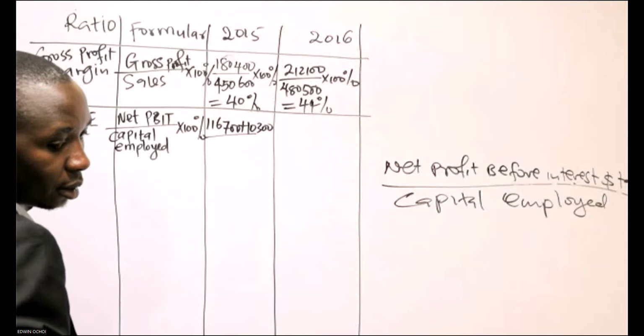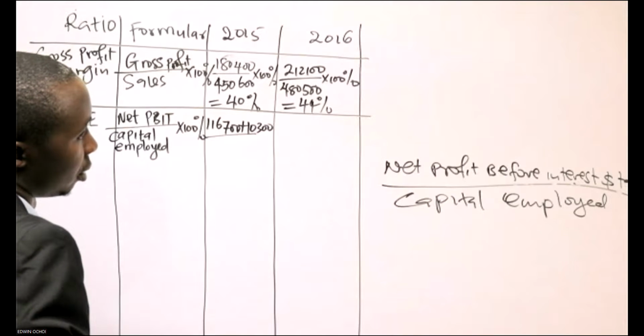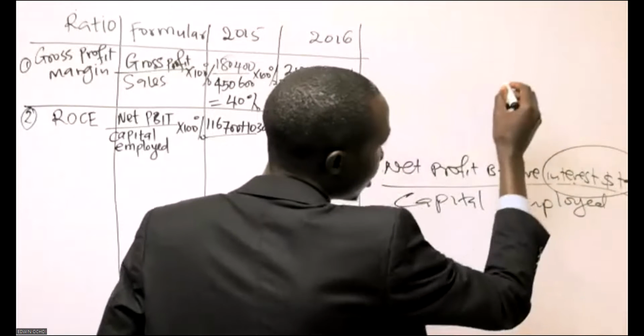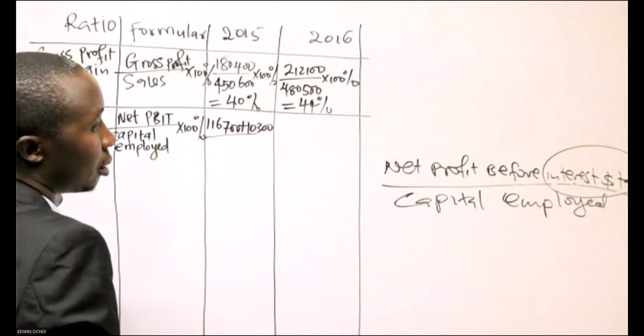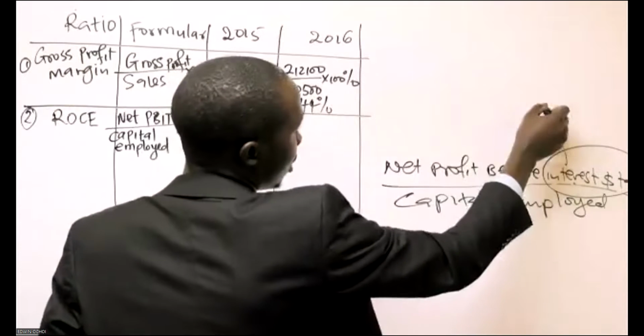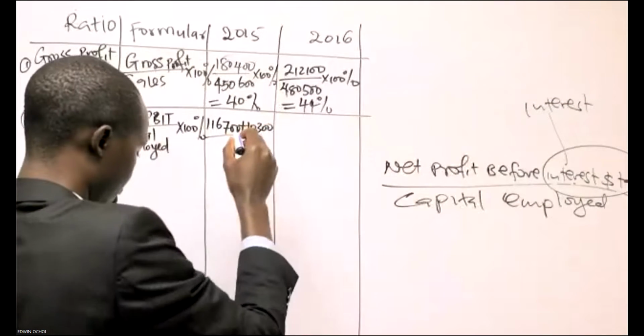Mwalimu, why are we leaving tax out? Is it net profit before interest and tax? Yes. So that is 10,300, that's the interest.